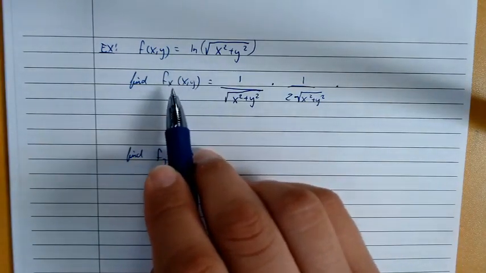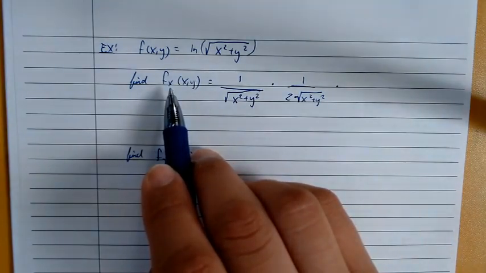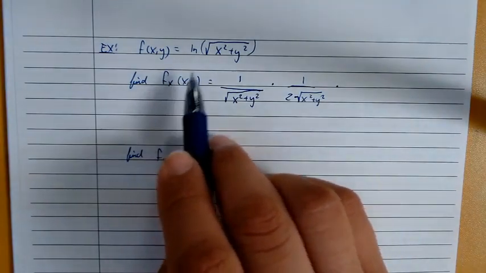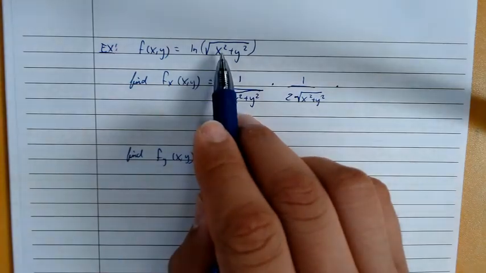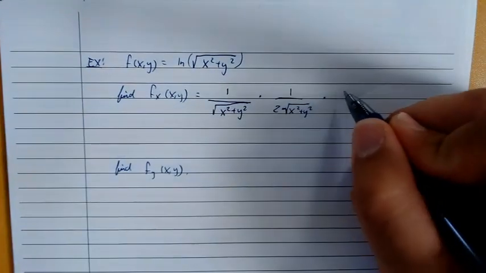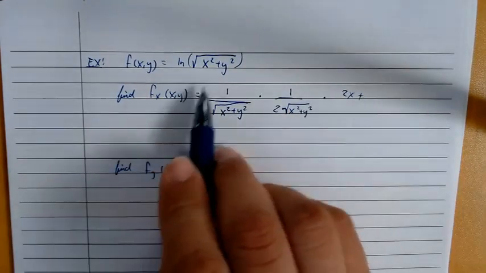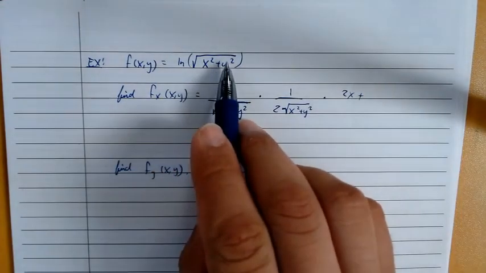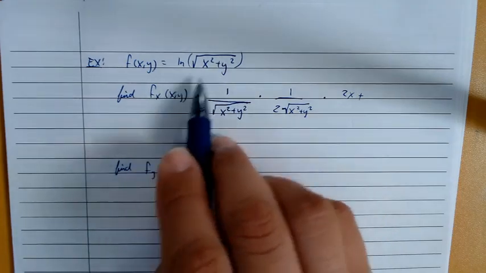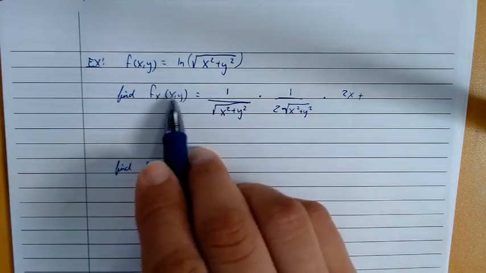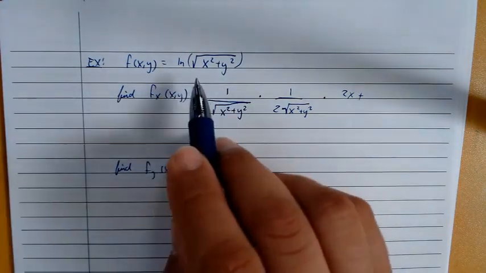I have to worry about which one of these is a variable and which one's constant. Here, x must be my variable. So when I take the derivative of x squared, that'll give me 2x. Plus, when I take the derivative of y squared, that's going to be 0, because now y is a constant, at least for the purposes of this partial derivative.